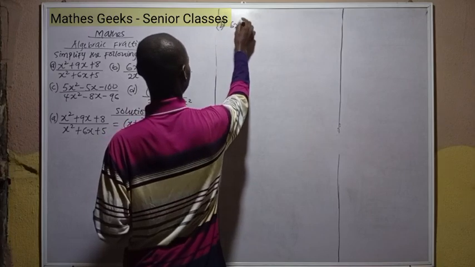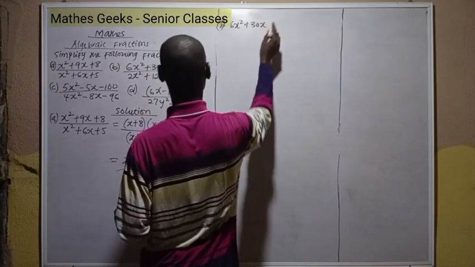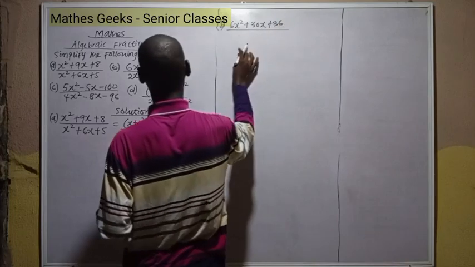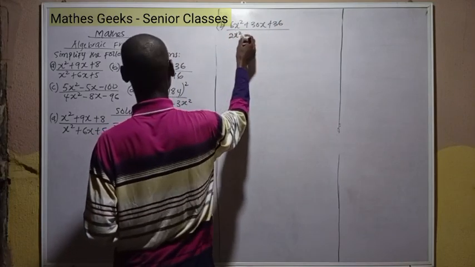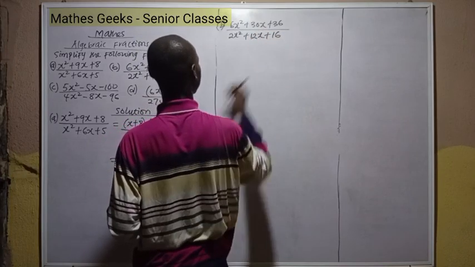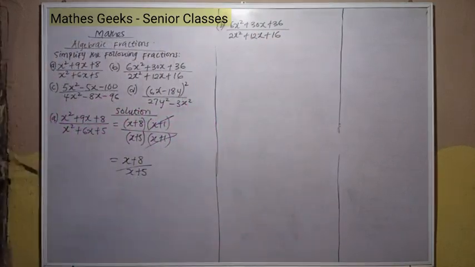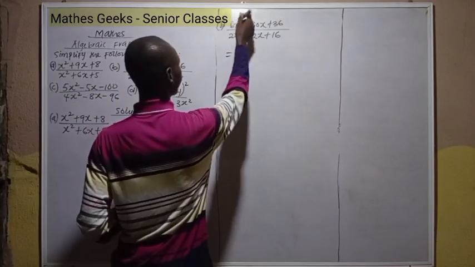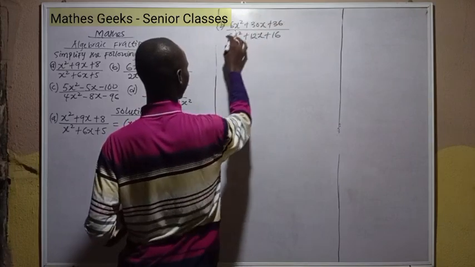6x squared plus 30x plus 36 equals 2x squared plus 12x plus 16. Okay, so we're going to factor out. If you look at it carefully, you discover that in this expression we can factor 6 out, and in this expression we can factor 2 out.